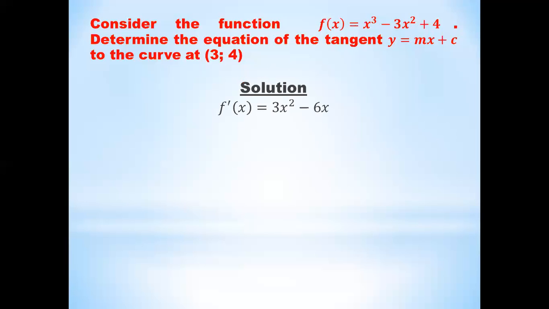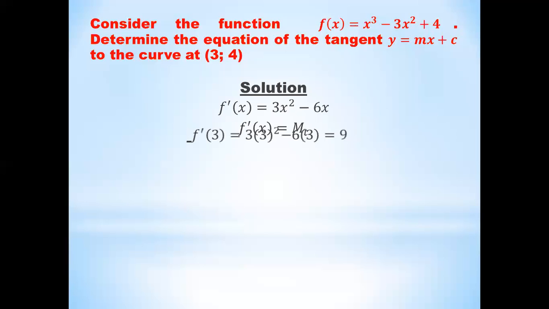First thing first, find the first derivative of the function. So f prime of x is equal to 3x squared minus 6x. That is the first derivative of f of x is equal to x cubed minus 3x squared plus 4. Then we indicate that the first derivative is equal to the gradient of the tangent.